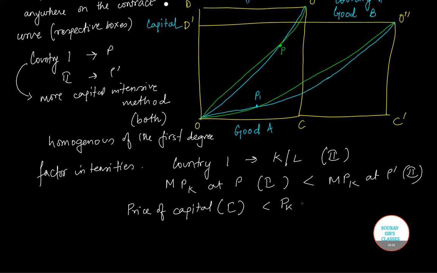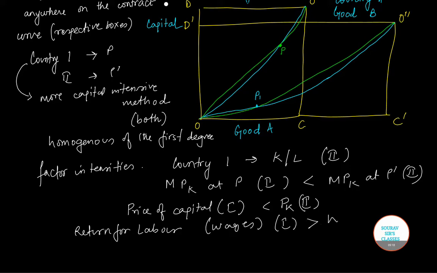And the return for labor, that is, we are talking about the wages, will be higher in country 1 than the wages of labor that prevails in country 2. And this holds when each country produces and consumes in isolation. That means there is no trade between them.